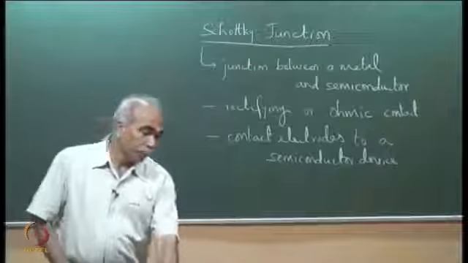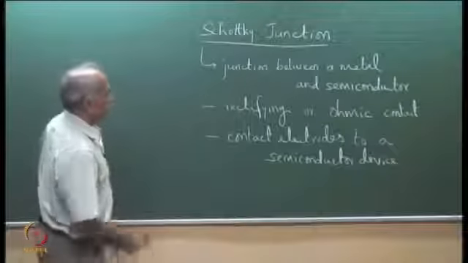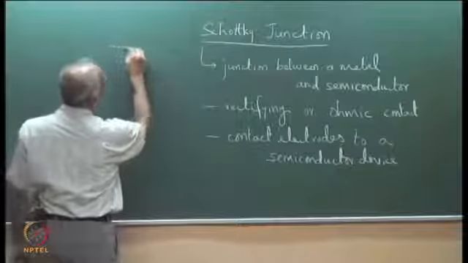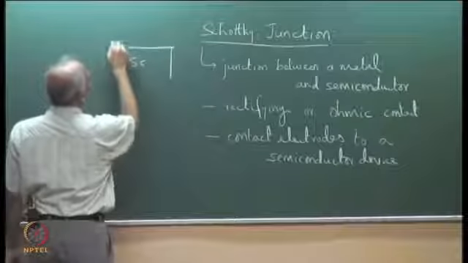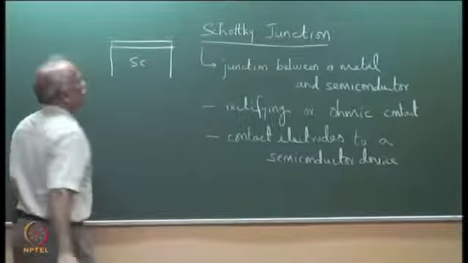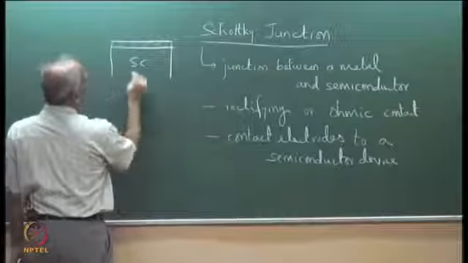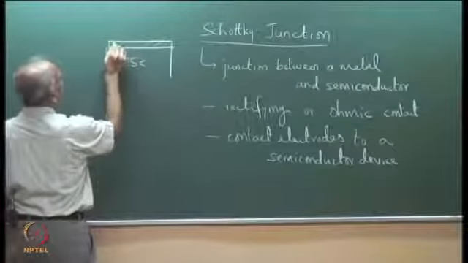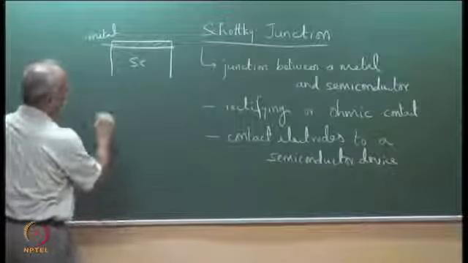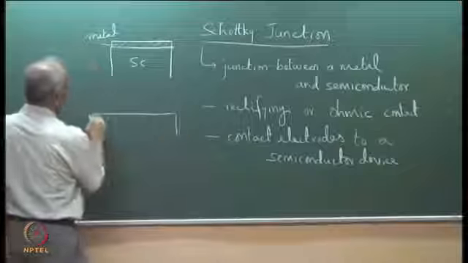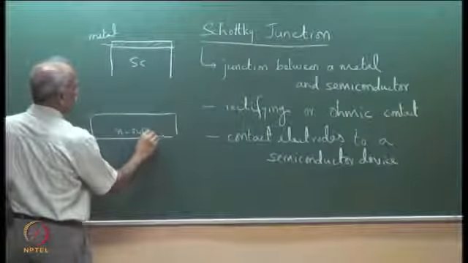So, let me briefly talk about this. It is a junction between a metal and a semiconductor. It could be in planar epitaxial growth, a metal layer grown on a semiconductor. Or let us say this is an N substrate.